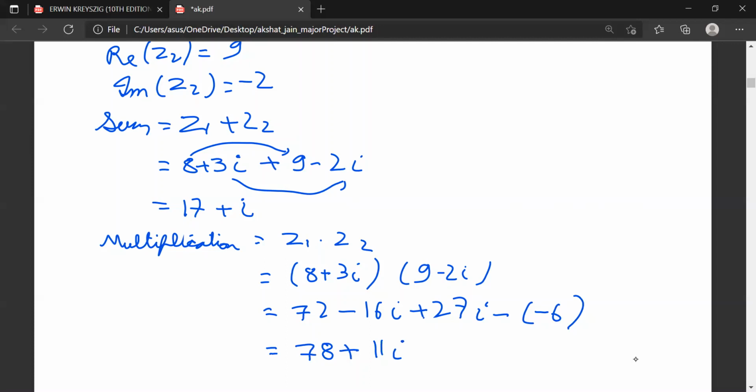So this we check for addition and multiplication. Now we will see some more properties of subtraction and division. Let's see Z1 minus Z2.